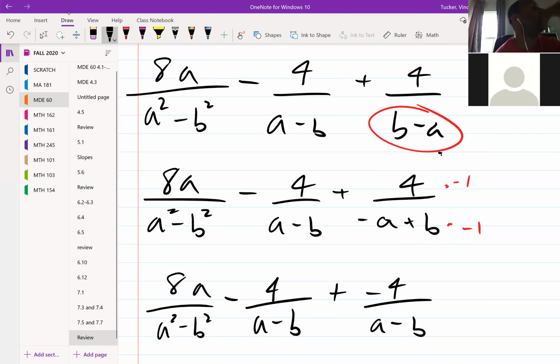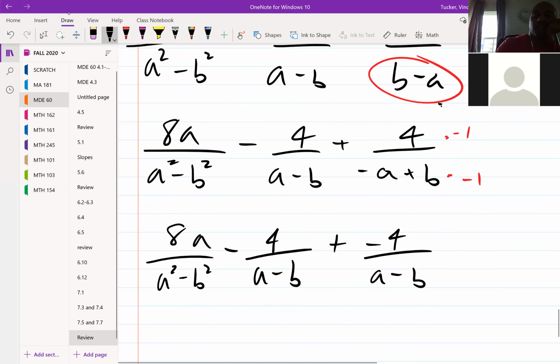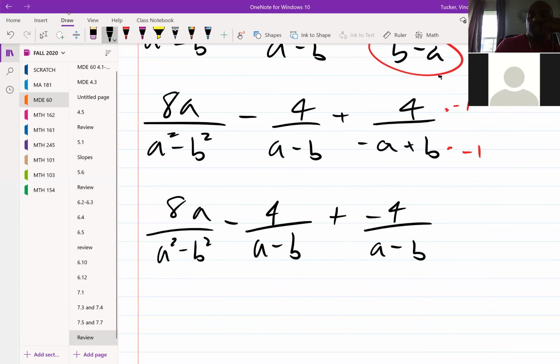That'll turn it into the other expression. But always remember, whatever you do to the bottom, you have to do to the top. So that's why we have a -1. We're multiplying both top and bottom. So we still keep that plus sign with that -4? It's the same thing. Plus -4 or -4 is the same thing. Okay. I just didn't want to change too much at one time. Thank you.